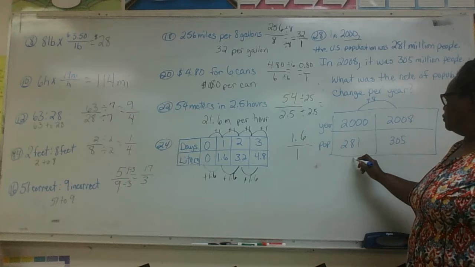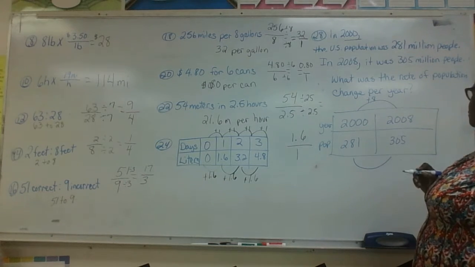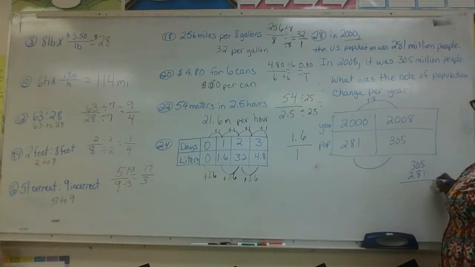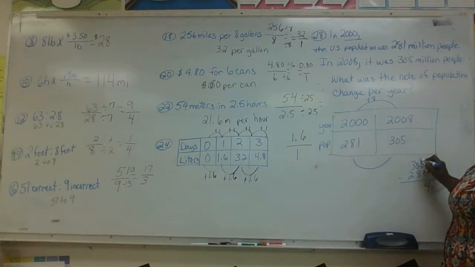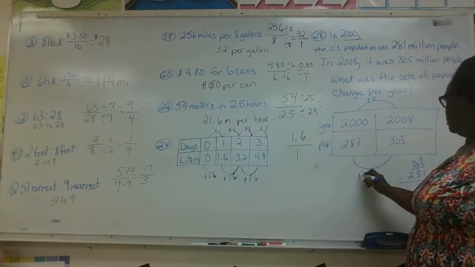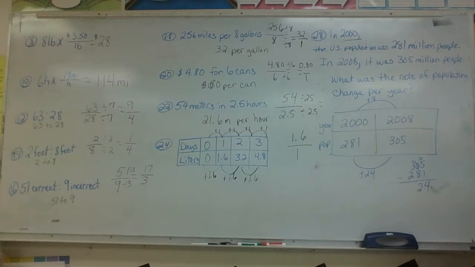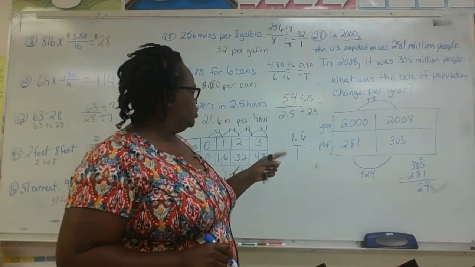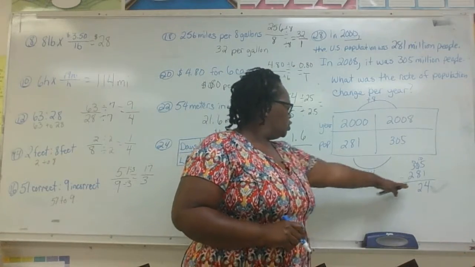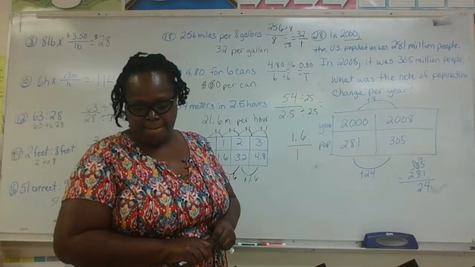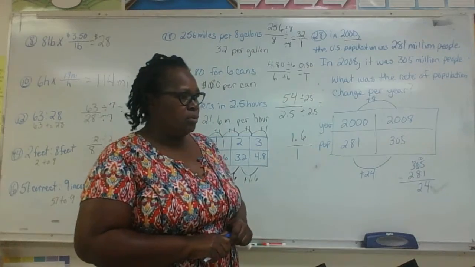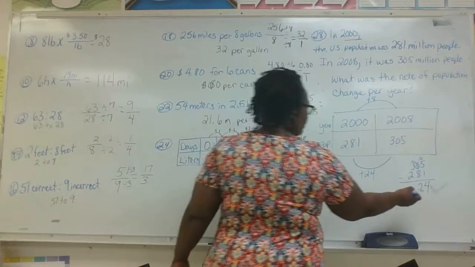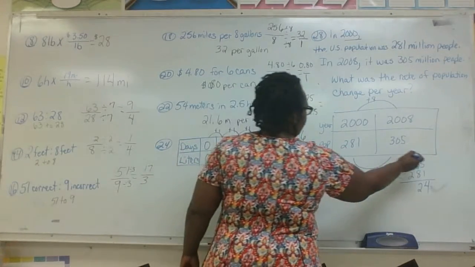Then from 281 to 305, we calculate our change. It's 24. So now, the change in year is plus 8, and the change in the number of people is plus 24 million.